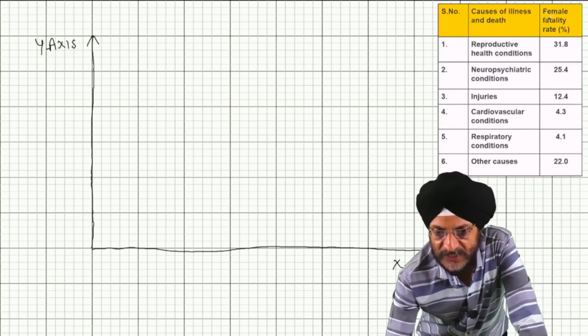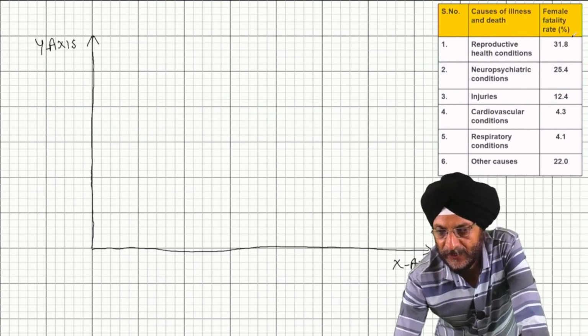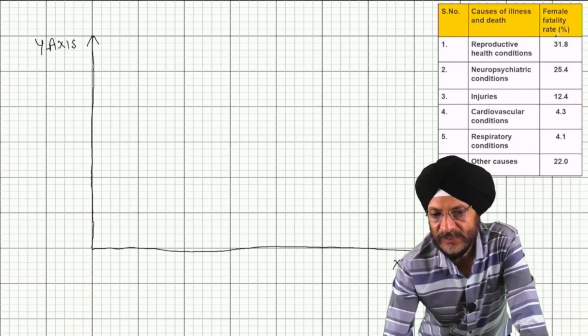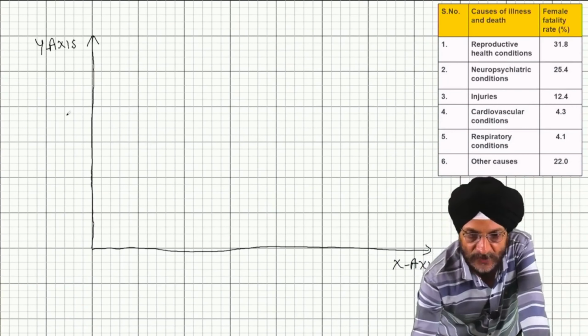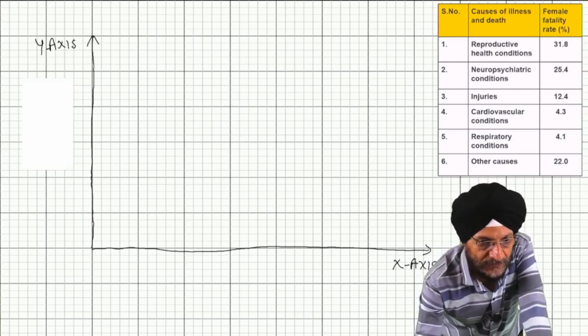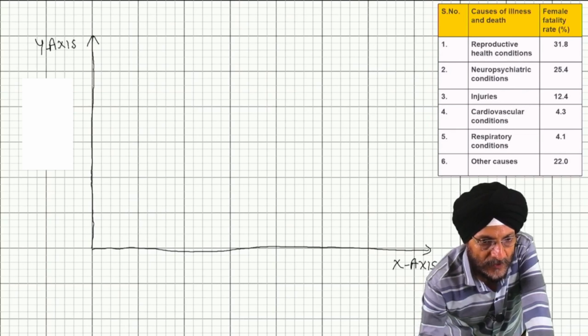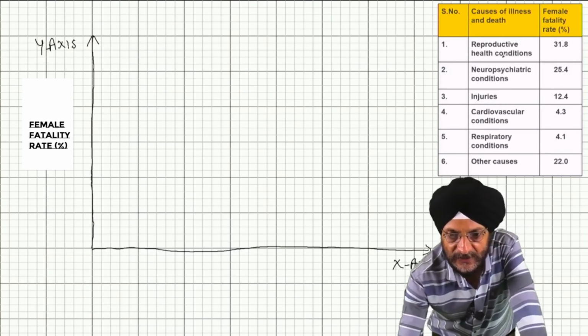The information which is changing is the female fertility rate. Normally the information which changes is taken on the y-axis. So here we will write female fertility rate.